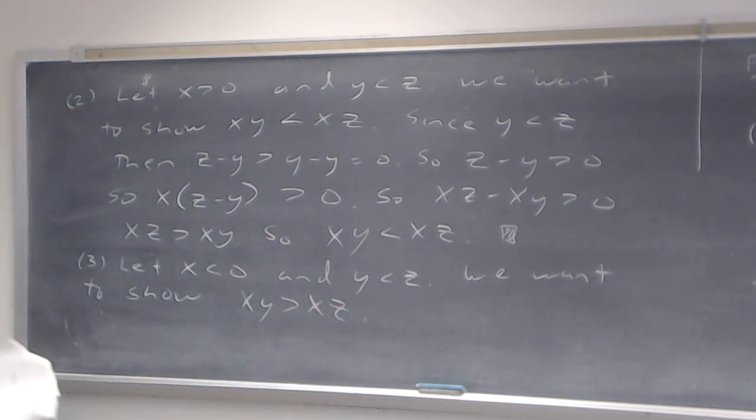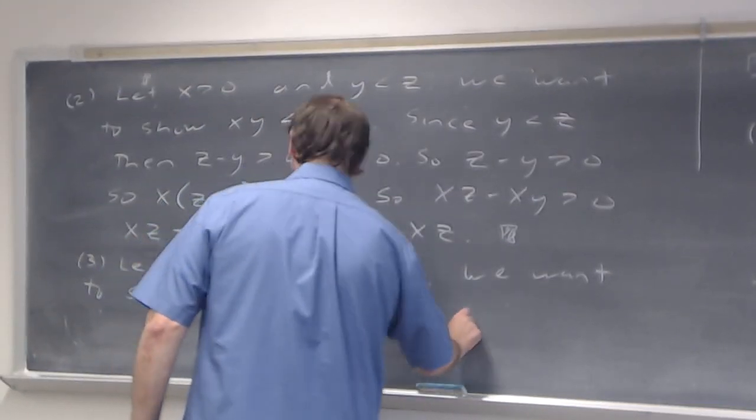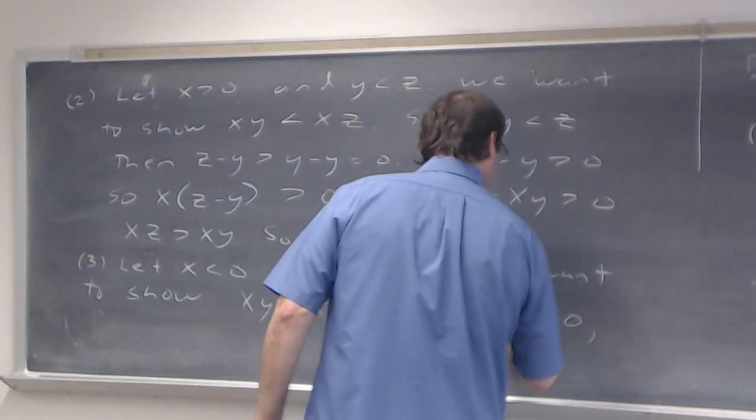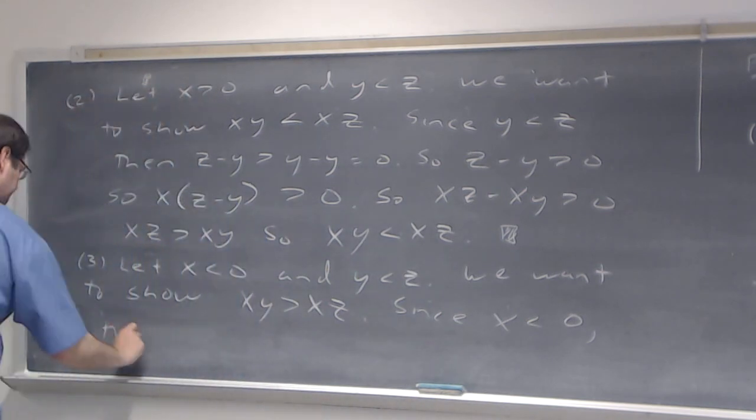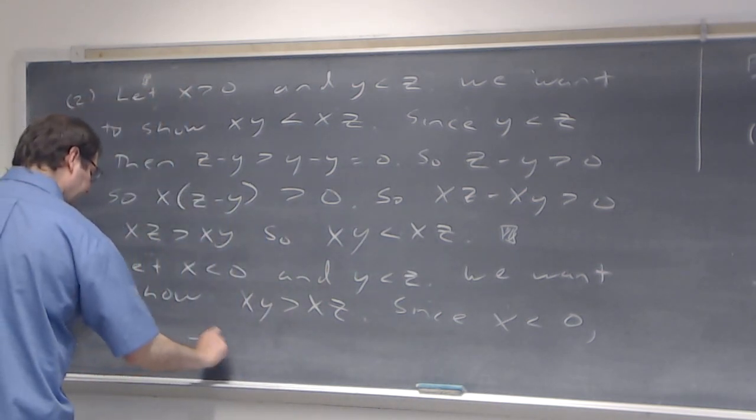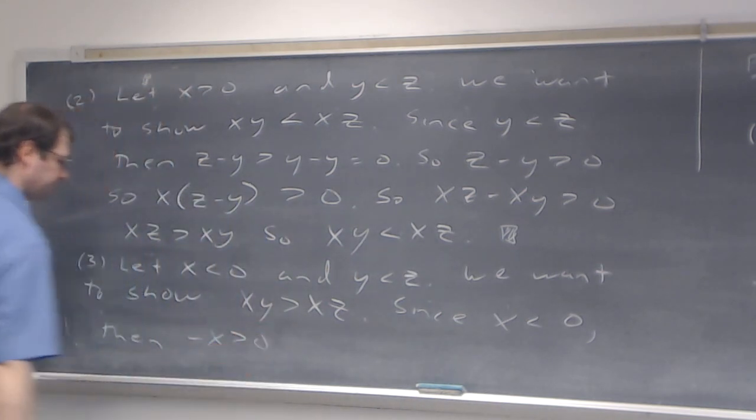That's what we want to show. So we have to switch the inequality here and multiply by a negative. Okay, well, since x was less than 0, then by part 1 of this statement, minus x is going to be greater than 0.